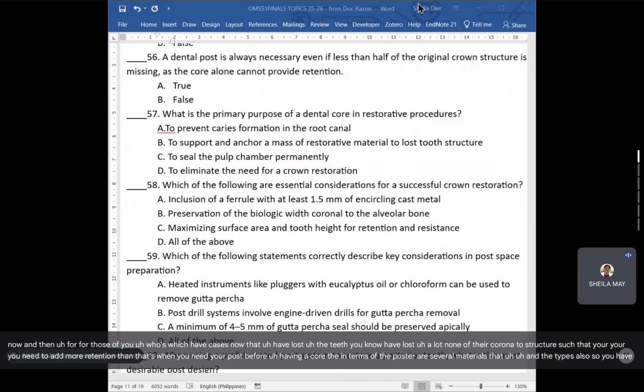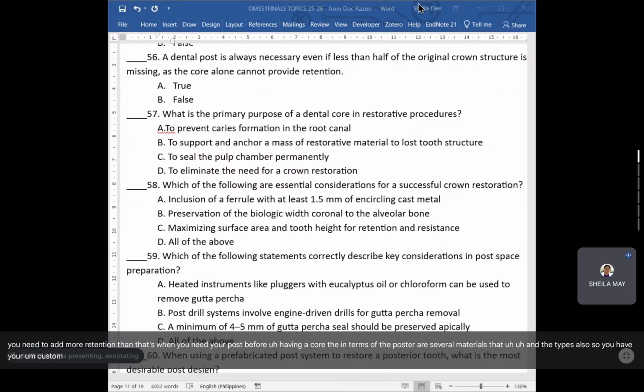You have your custom, and then you have your prefabricated. For prefabricated, you have different designs: tapered, and active. Active posts, which have serrations or threads, are not recommended. So we usually recommend parallel posts.